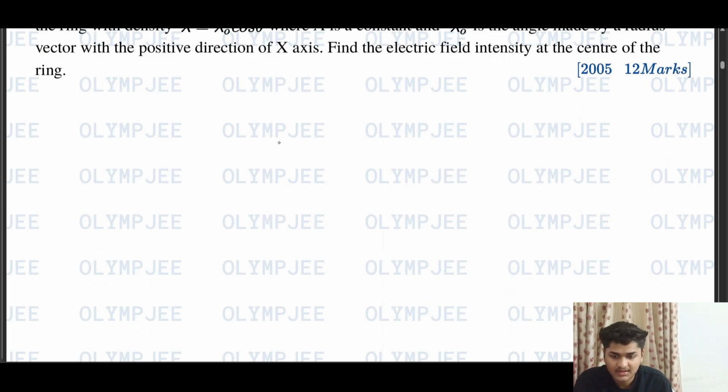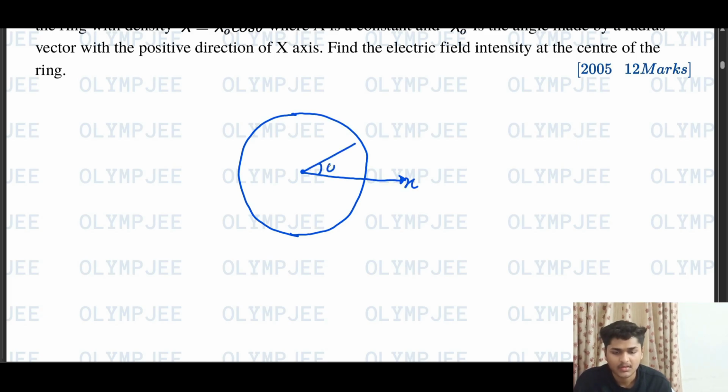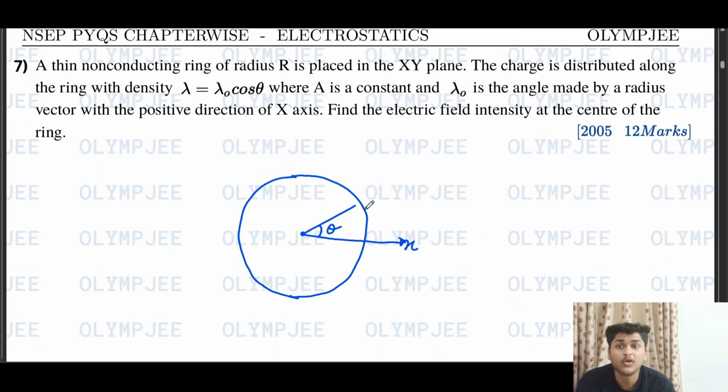So let me make the ring first. So this is the ring, and this is the positive x-axis, and this is theta. So in the first quadrant, cos theta is positive. So the charge distribution will be something like this: maximum over here, and then it will tend to 0.